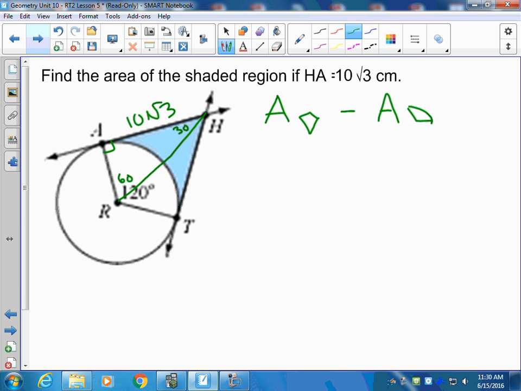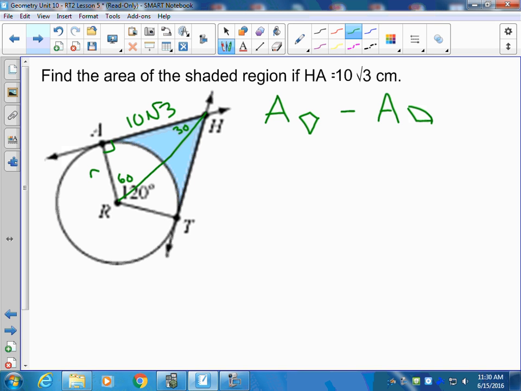Okay, so we're going to want to build our reference triangle, because what we really need to do is find that radius value. It's going to help us with the area of the kite, which is actually just two triangles put together. And it will also help us with our proportional area of the circle.